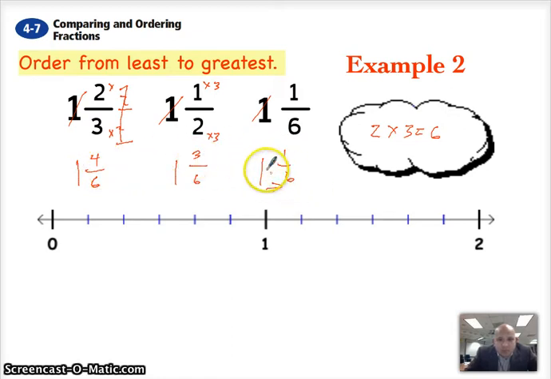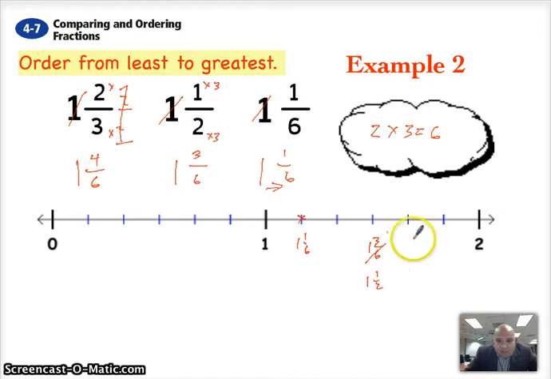Well, 1 1/6 obviously goes first. So 1/6, 2/6, 3/6, 4/6, 5/6, and 6/6. So here's 1 1/6. Where's 1 3/6, or 1 1/2? 1 3/6 is right here. That's actually known as 1 1/2 from the original problem.